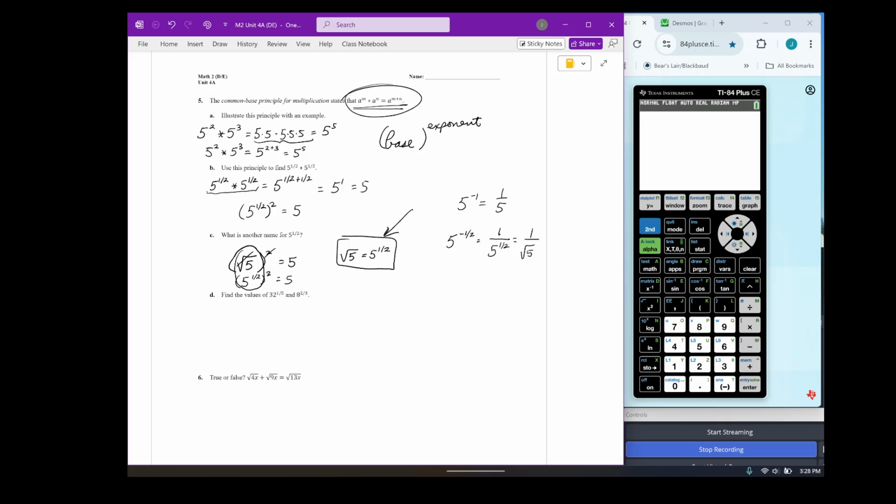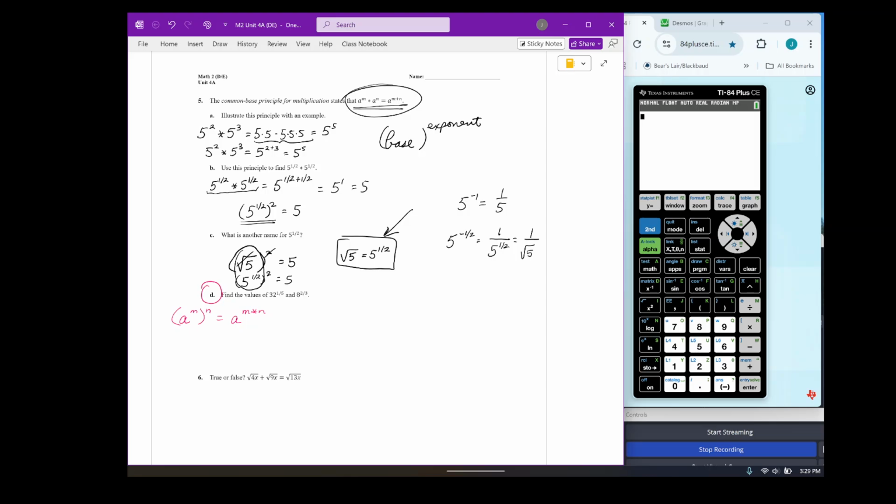Okay, there's another rule that gets kind of hinted at right here, and that's if you have a base to a power, and then all of that's raised to another power. And so that rule I'm going to put here in part D. I know that wasn't part of the homework, but I want you to add this into your notes. And the rule is this: if you have a base to a power, and then you raise that to another power, that actually is the same thing as multiplying the two exponents together.